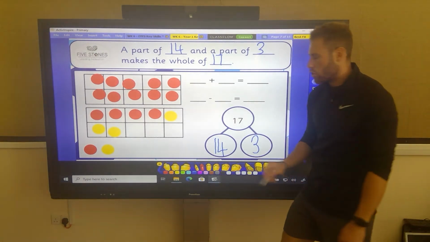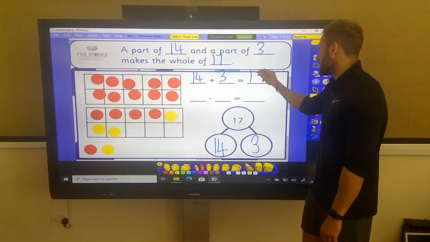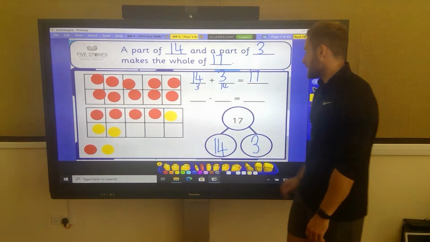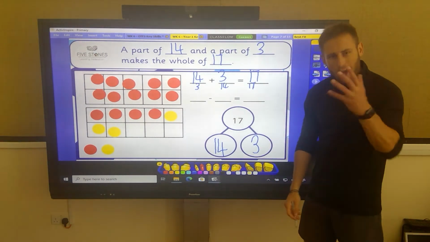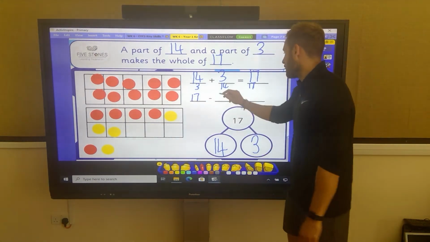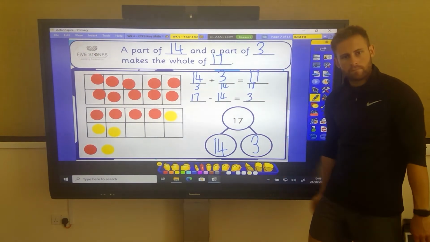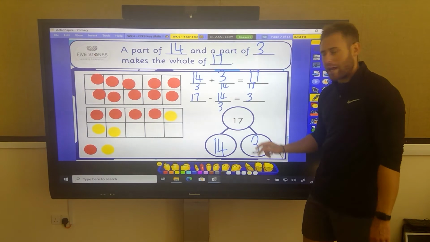So that means I also know that 14 add 3 equals 17. Or 3 add 14 equals 17. And I also know that the whole of 17, if I take off 14, I'm going to be left with 3. And if I take off the part of 3 from 17, I'm going to be left with the part of 14.